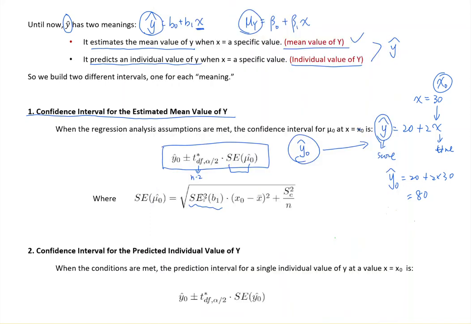Whatever you got here, you need to square it, and then times what? Times x0. Do you still remember what x0 is? It is the value of x you specify before you compute the confidence interval. Minus x bar. So what is x bar? X bar is the mean value of x.